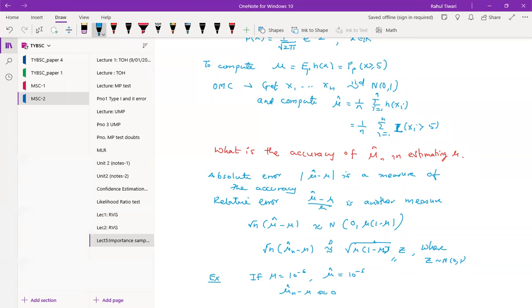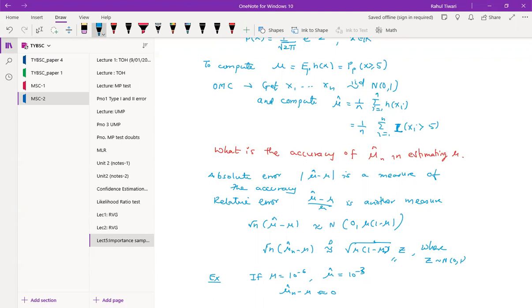Can you understand? Here it will definitely give the answer 0. But suppose you consider a different value, for example, 10 raised to some other value, or let's say this is 3. What would this value be?